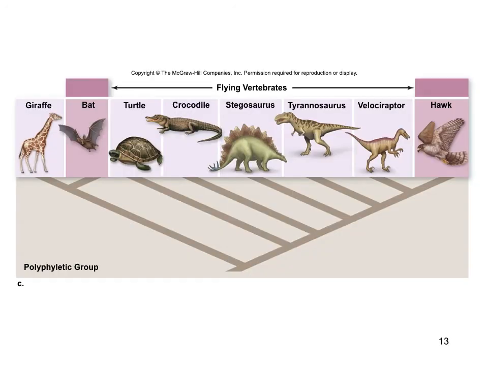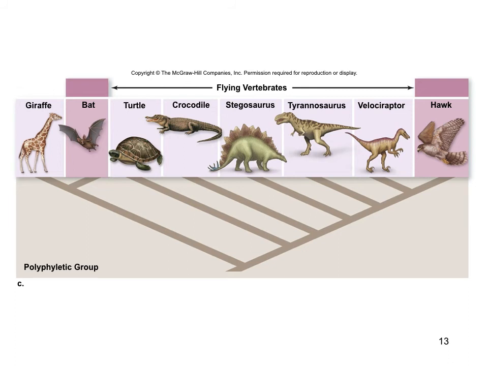So right now we have a bunch of different groups here, and these include lots of reptiles, and in this polyphyletic group, we have two versions of flying vertebrates, bats and hawks, and we put them in this group, but we don't have the most recent common ancestor, and there's some unusual things going on there.